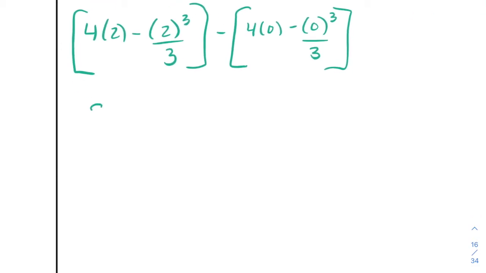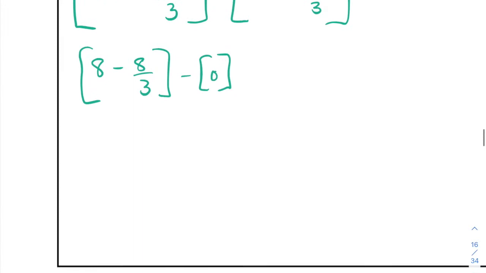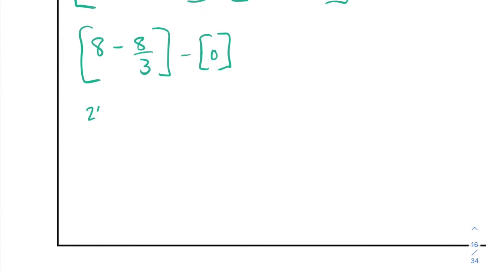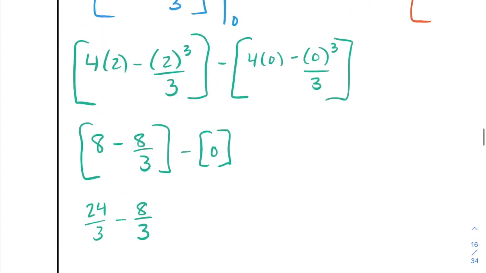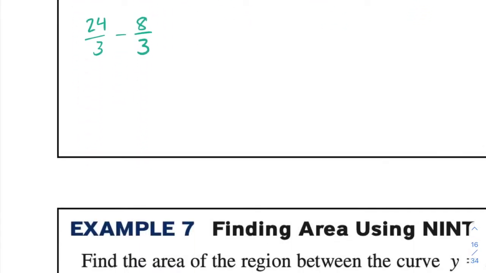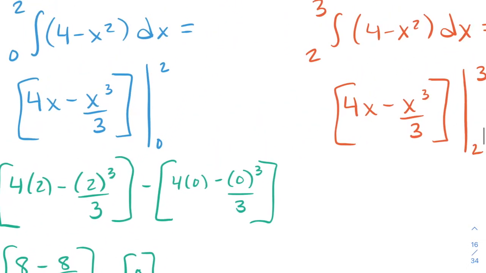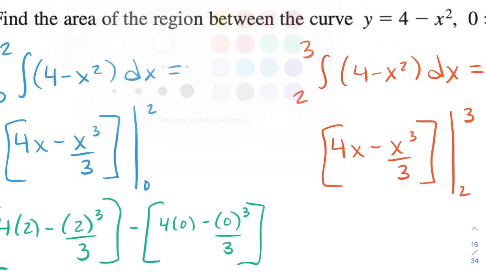So we're going to have 8 minus 8 thirds, take away 0. So that's good. So I'm going to call this 24 thirds, take away 8 thirds. Wait, 2 times 2 is 4 times 2 is 8. Yep. So I'll get 16 thirds.